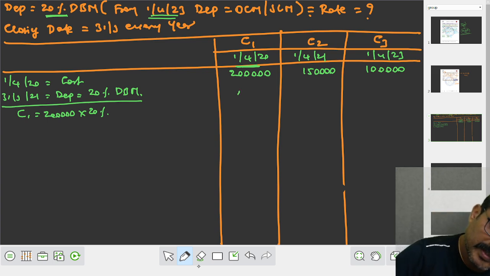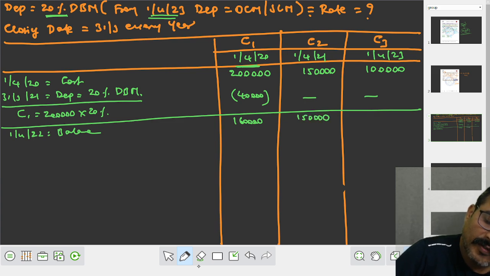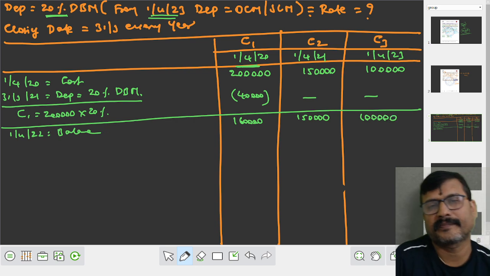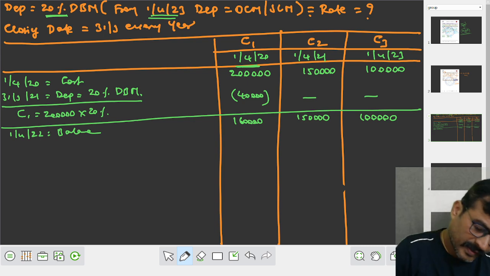That comes to rupees 40,000. You close it off. On 1st April 22, we have a balance of 1,60,000, 1.5 lakh and 1 lakh. Fine.